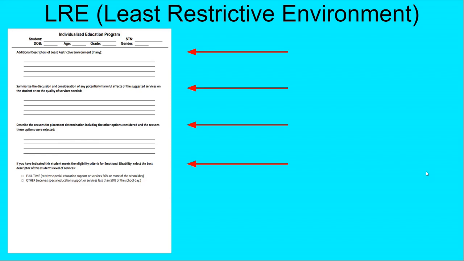And then if a student has a disability, their primary disability is behavior, okay? So like ED, emotional disability, or EH, emotionally handicapped. This section is where we would fill that out, okay? And typically, if their primary disability is ED, then we would put full-time because that means that they need full-time services. Now, that doesn't mean that they're in a separate classroom.